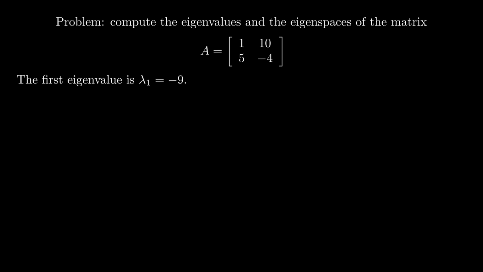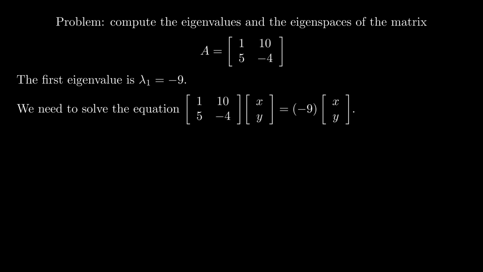Let us now proceed with finding the eigenvectors for the first eigenvalue, which we have determined to be -9. This is the same as to find all the vectors x, y, satisfying the equation, the matrix 1, 10, 5, -4 times x, y equals -9 times xy. Moving the right-hand side over to the left-hand side has the effect of subtracting -9, which is of course the same as adding 9 to the main diagonal of the matrix. So we get a new equation, the matrix 10, 10, 5, 5 times xy equals 0.